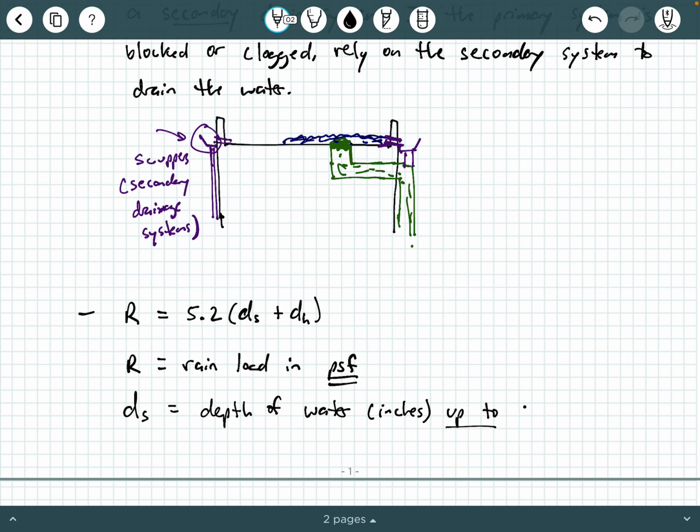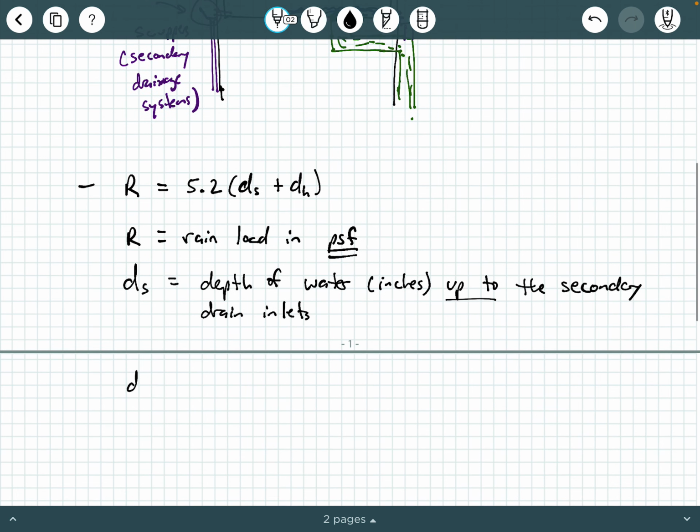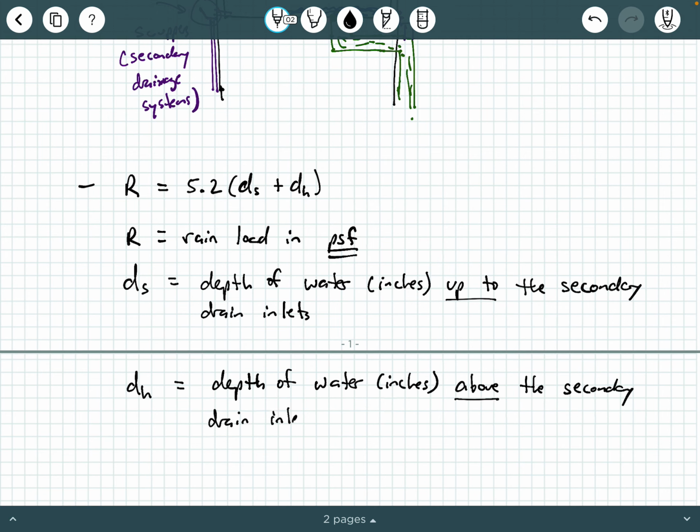up to the secondary drain inlets, and then DH is called the depth of water, also in inches, above the secondary drain inlets.